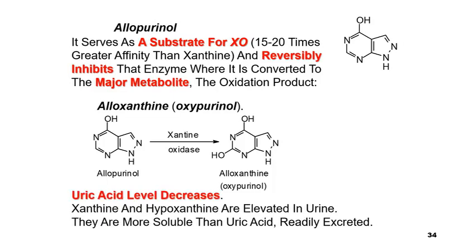This way, uric acid level will be decreased, but there will be an accumulation of xanthine and hypoxanthine in urine. But having higher solubility than uric acid, they will be easily excreted.